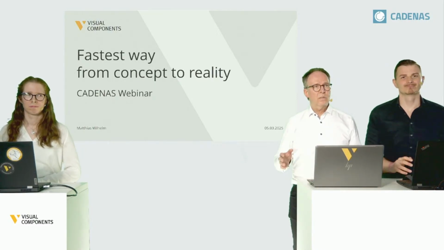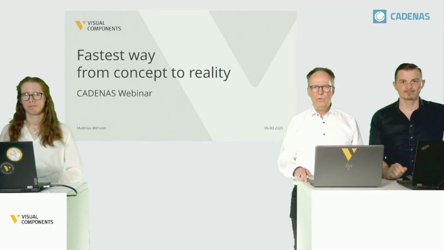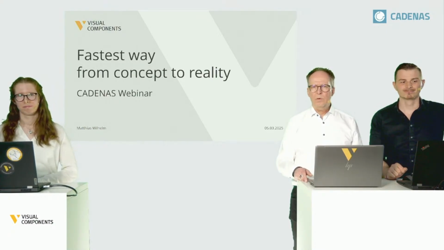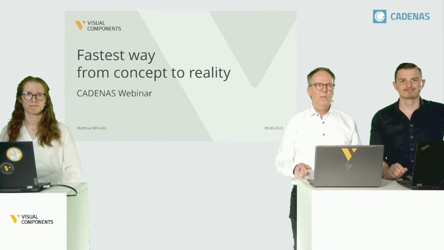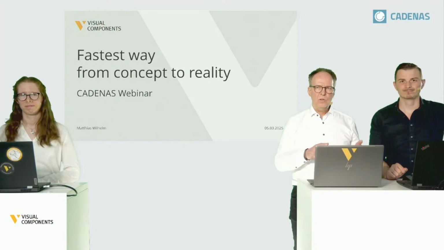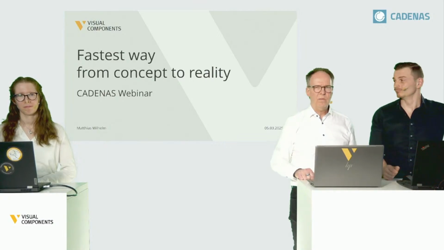Finally, we can also offline program the robots we use in our layouts, so we can bring the offline program from Visual Components directly to your robots, of different brands like ABB, KUKA, Yaskawa, and so on.